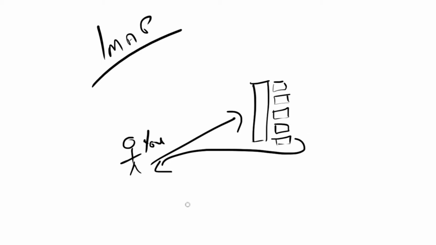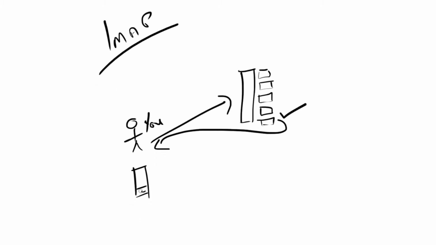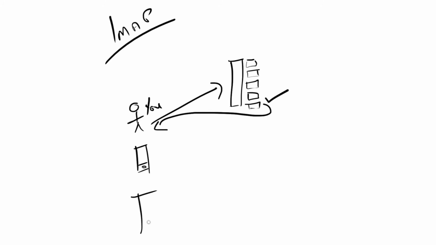And that's all fine. But here's the massive difference between the two. With IMAP, the content of the drawer is not emptied. It stays exactly as is. So therefore, when you go and pick up your email on your device, such as your iPhone or your iPad, it will do the same thing.